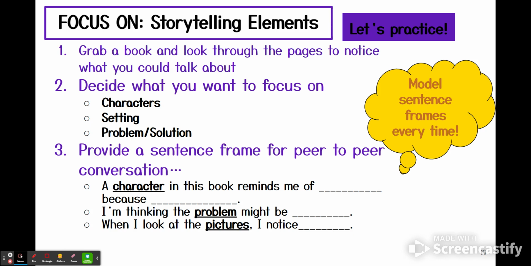As you're sharing this with students, of course, you always want to model, show them how to use sentence frames, show them how to use the words to share their ideas. So they might say, a character in this book reminds me of, because, or I'm thinking the problem might be, when I look at the pictures, I notice.